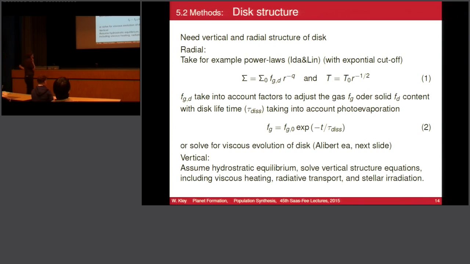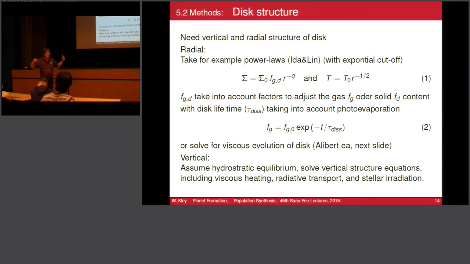The disk structure, of course, has different approximations possible. A power law distribution for the temperature and for the gas disk. Then you have a falloff, only look at these few equations here. Then you have a falloff in time. The disk is slowly dissipating due to external sources.